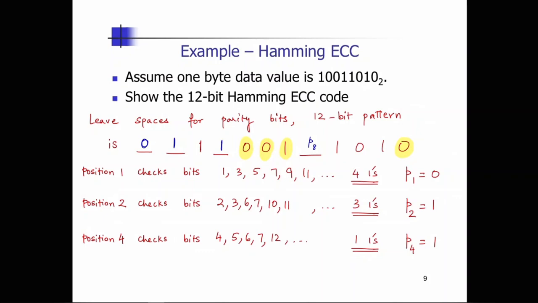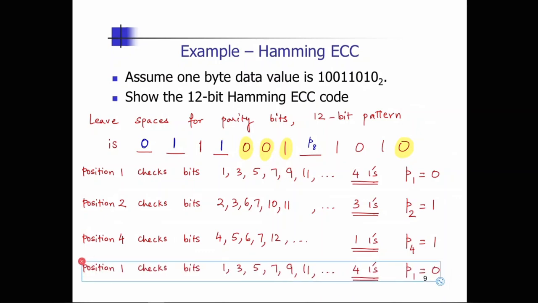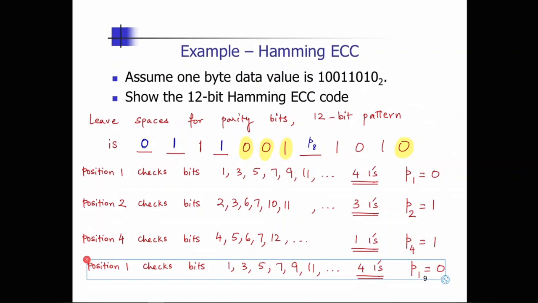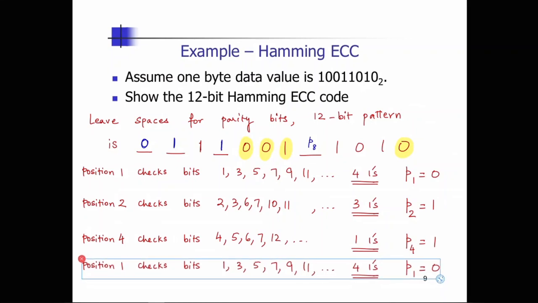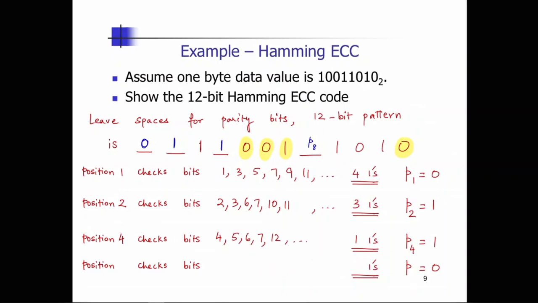Last is going to be P8 here. So erase, check bits and number of ones. Okay, and this is going to be 8. It's going to check for bits 8, 9, 10, 11, 12, and so on.